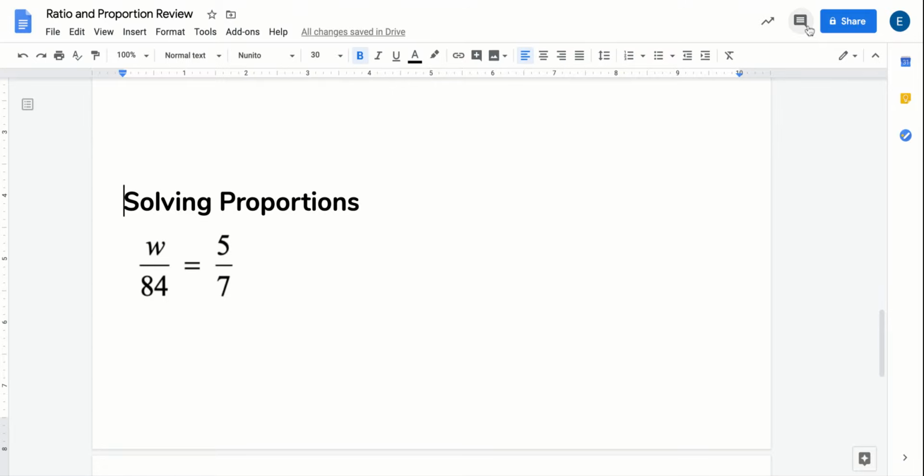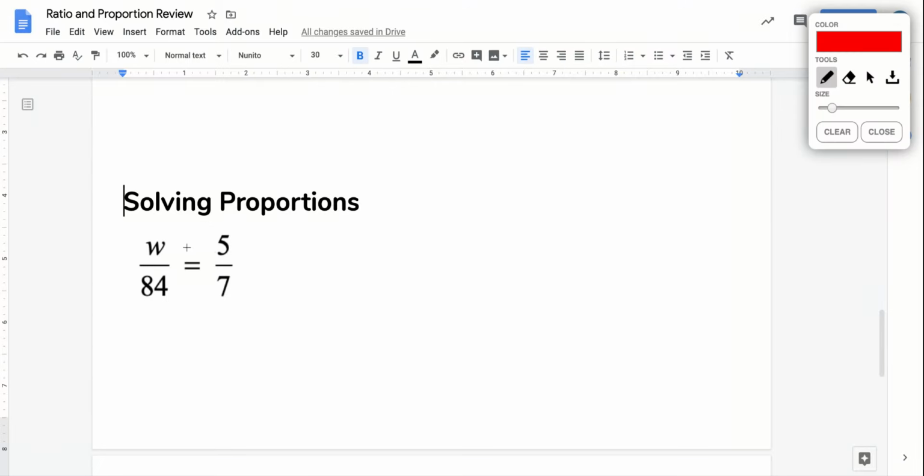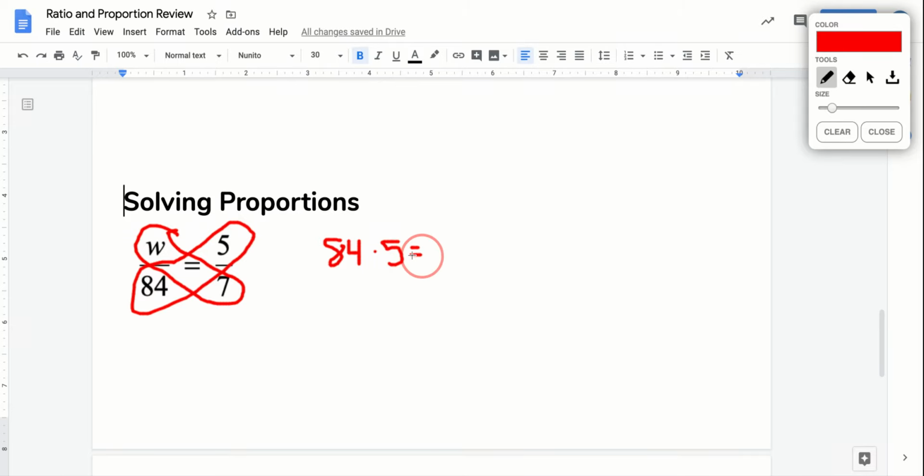Okay, now we're going to solve some proportions. Here again, we're going to use those cross products, but we have to set up a one-step equation. So 84 times 5 equals 7W. I can simplify: 84 times 5 is 420, equals 7W.